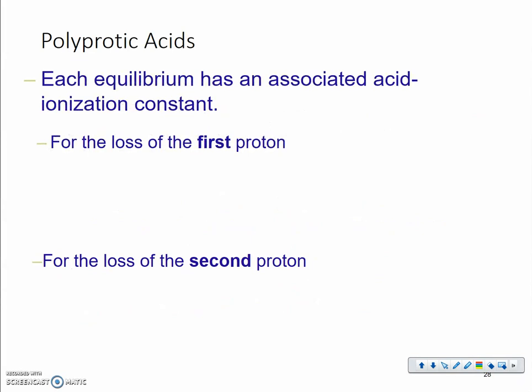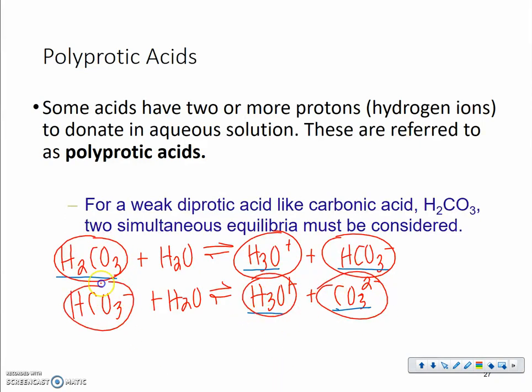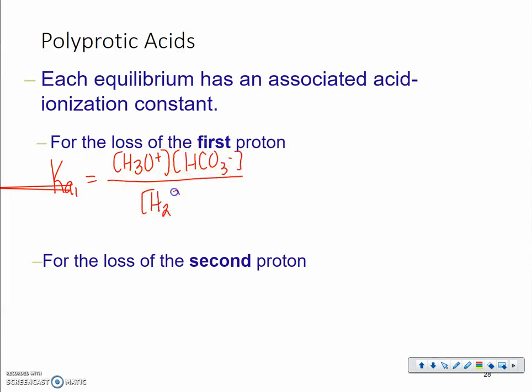Each of these equilibrium reactions has an associated Ka expression. For the first reaction, we would use these as our products over my reactant, and for my second one, we would use these as my products over my reactant. So Ka1 would have those on top over my acid.